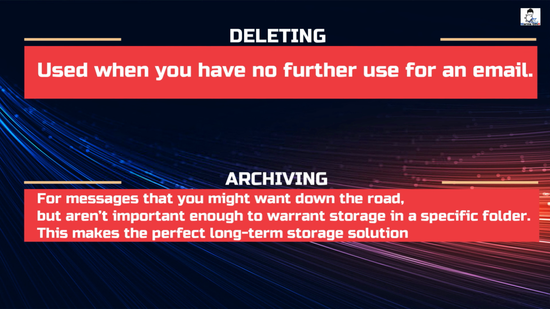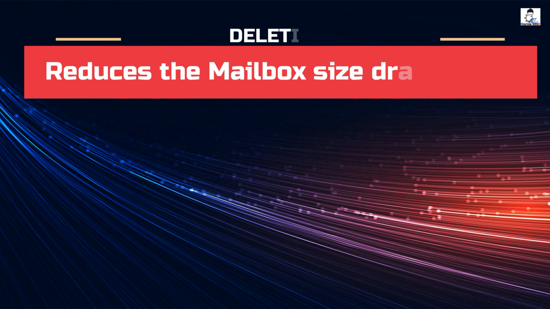The second one, deleting, is going to reduce your mailbox size, which is again going to increase your efficiency. However, you will have no access to the content you have deleted, whereas archiving is going to give you clear, complete access to that particular file even after archiving.